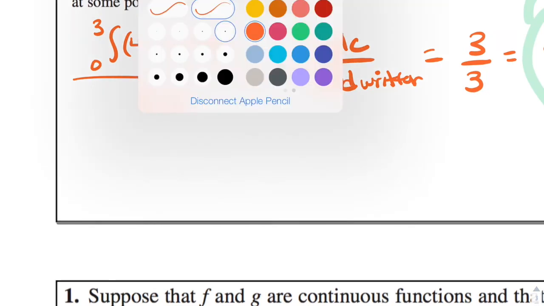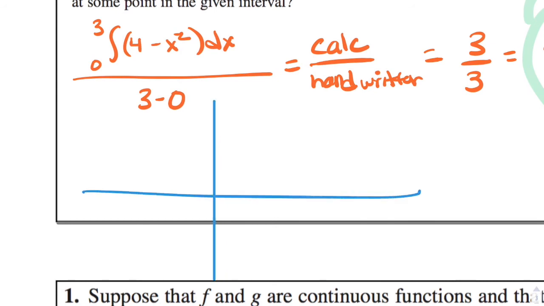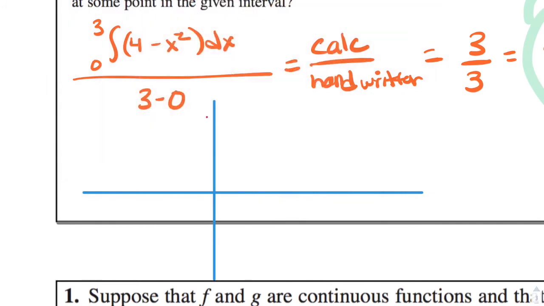I'm going to draw in an x and y axis and show you what this function looks like on the graph. Here we're going to throw in some numbers like 4, 2, 3, and 1, -1, -2, -3, -4, -5.